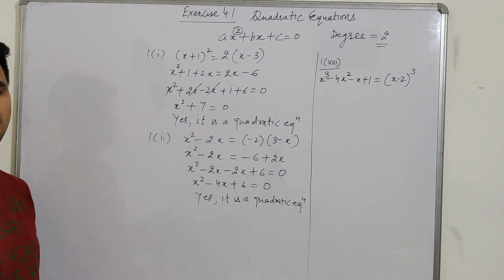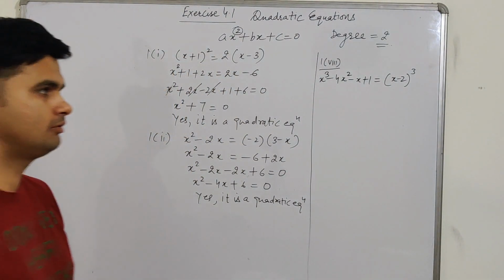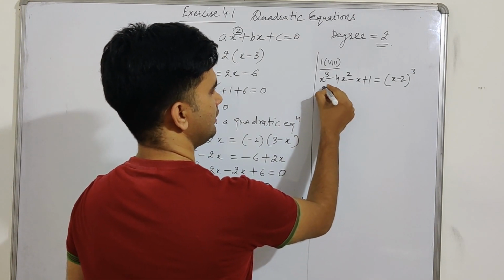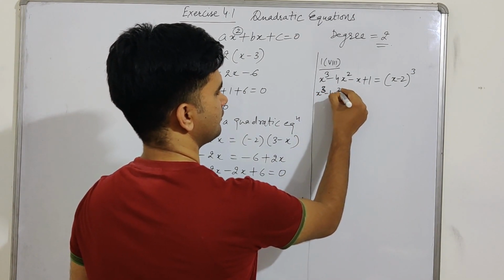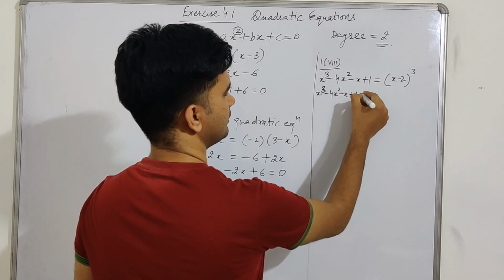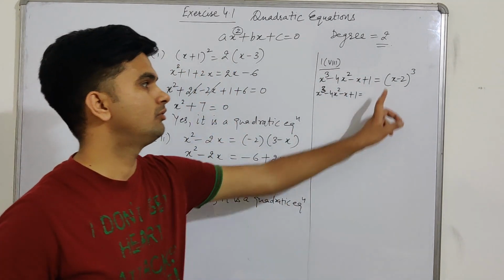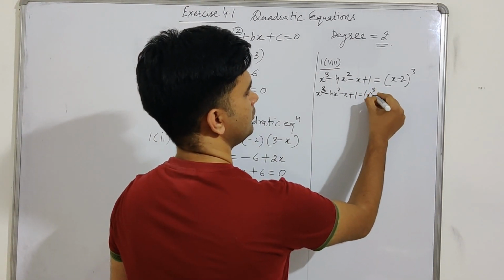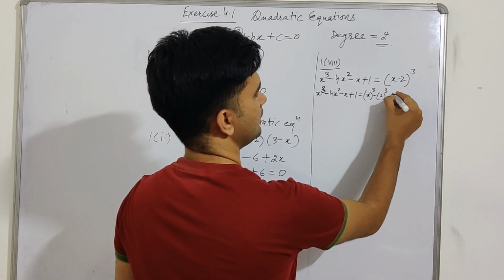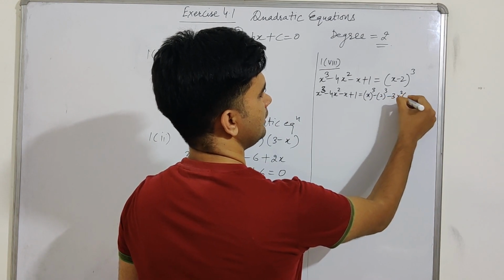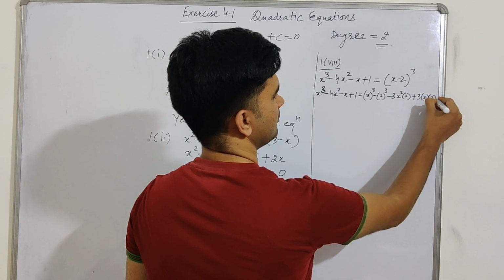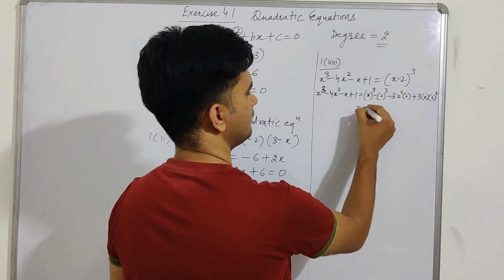You know the algebraic identity for (a − b)³, we will use it here. Write x³ − 4x² − x + 1 as it is. Now (a − b)³ is a³ − b³ − 3a²b + 3ab².